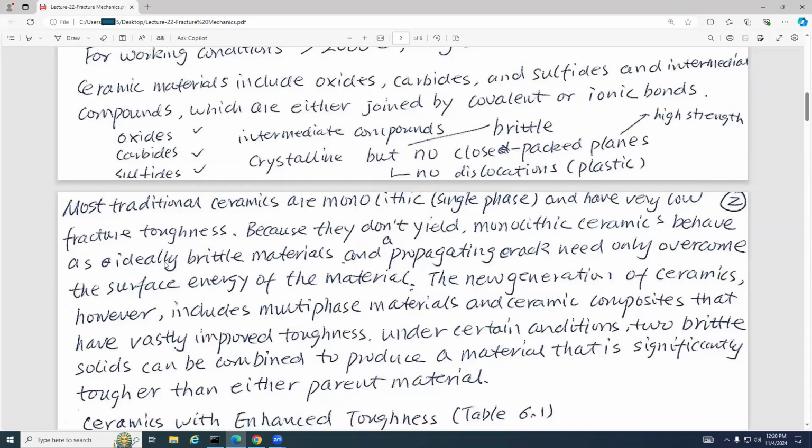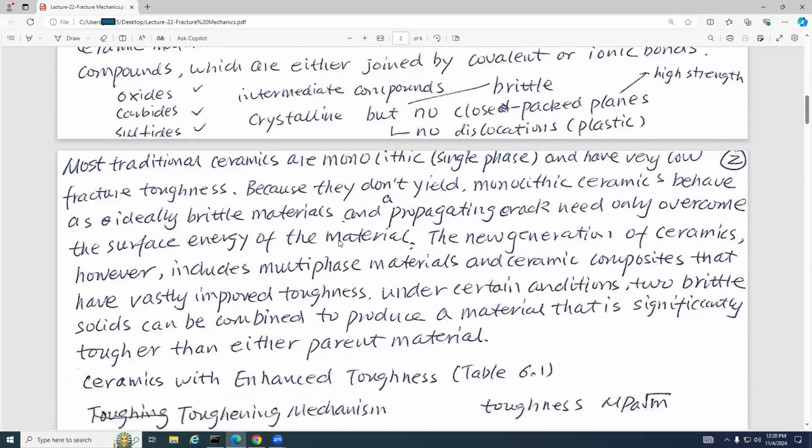If we have impact or sudden loading, it can fracture very easily, because ceramics do not yield. Yield means that the elastic limit is reached and now the material is going to behave plastically. But no, these ceramics do not yield.